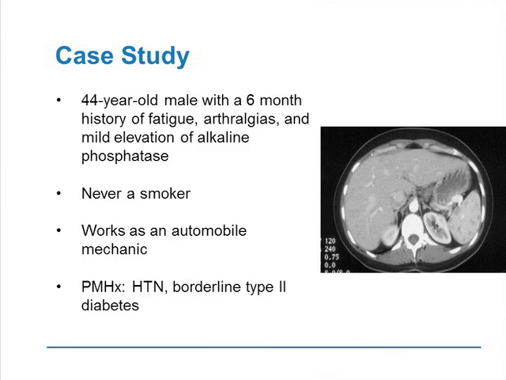A 44-year-old male with a 6-month history of fatigue, arthralgias, and liver function abnormalities. He's a never smoker who works as an automobile mechanic. He has a history of hypertension and borderline type 2 diabetes. An abdominal CT obtained for a workup showed multiple hypodense lesions in the spleen, prompting chest imaging.